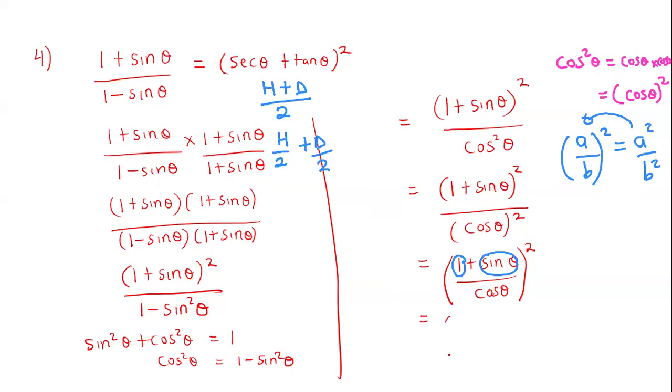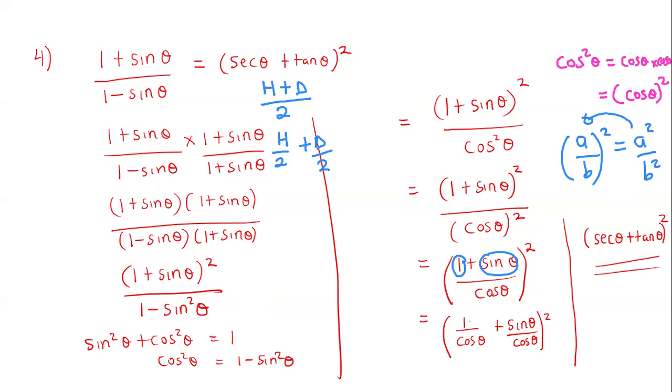So now we can mathematically write it as 1 out of cos of theta plus sine theta out of cos of theta, but everything is still squared. So 1 out of cos is the same as sec theta. Sine out of cos is the same as tan of theta, but everything is squared. So that is how you are going to prove it.